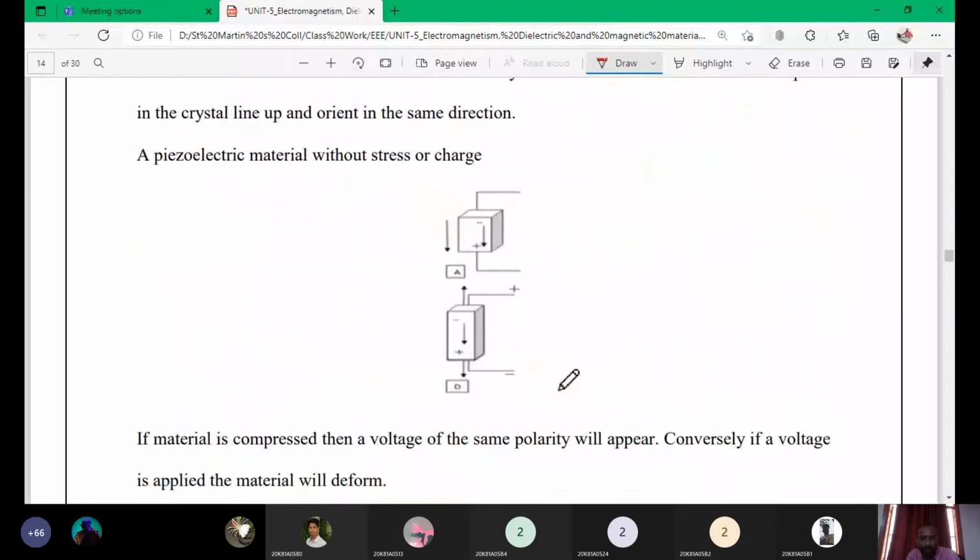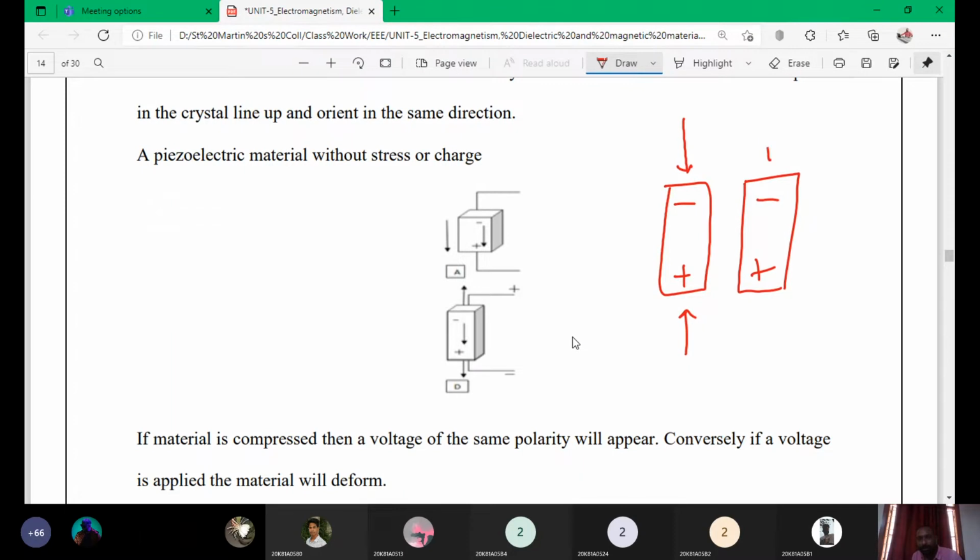So here you take a dielectric material. When you apply some stress, suppose you have a material here with minus and plus. When you apply mechanical energy, that means you compress, or you expand, or you pull the material.